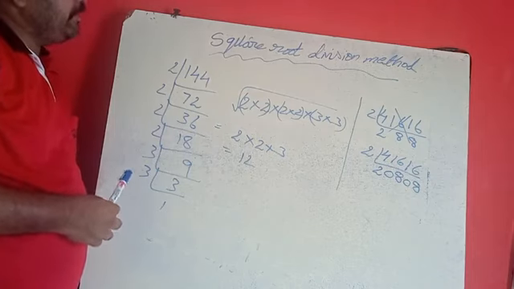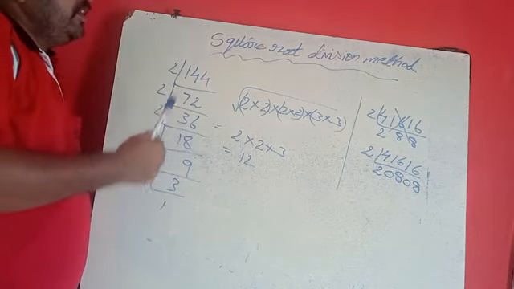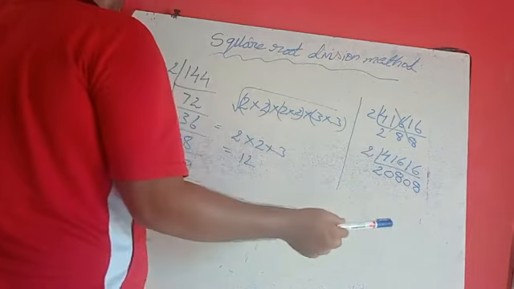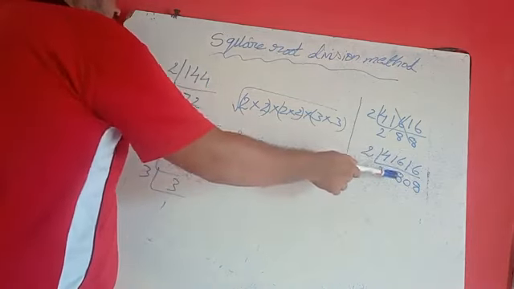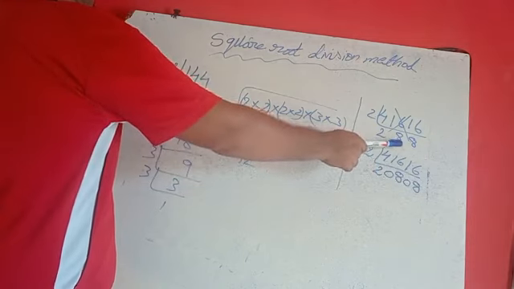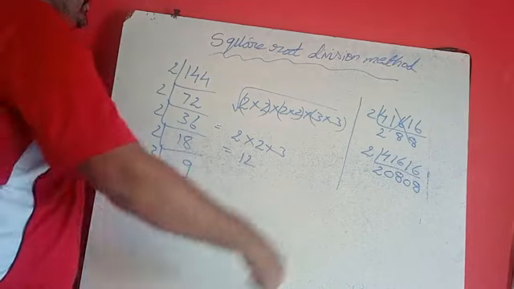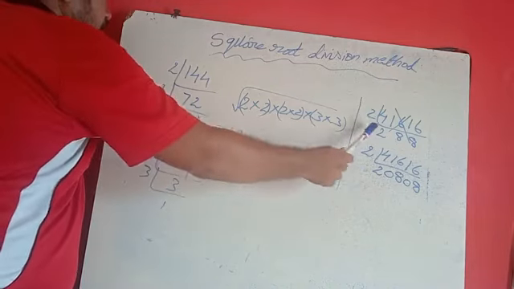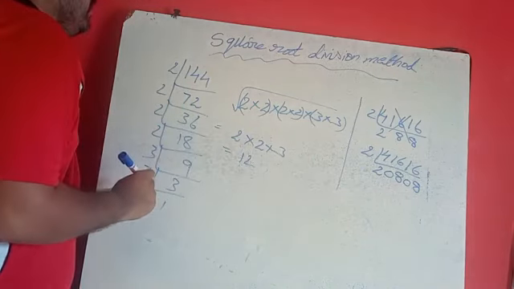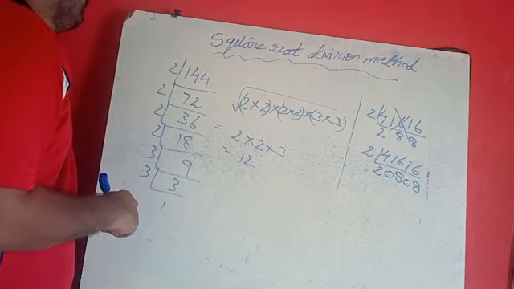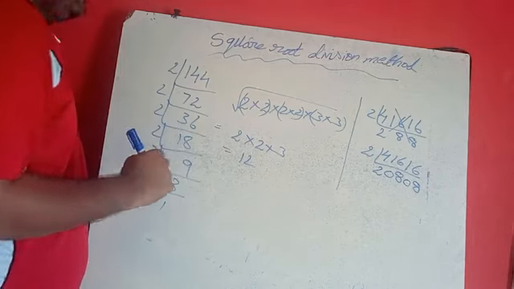With sums like this, some students make the mistake of writing 288 by doing cancellation, instead of 20808, and the sum goes wrong. For that, we are using the square root division method. The division method means we know the division form, so I will compare the two. Listen once.